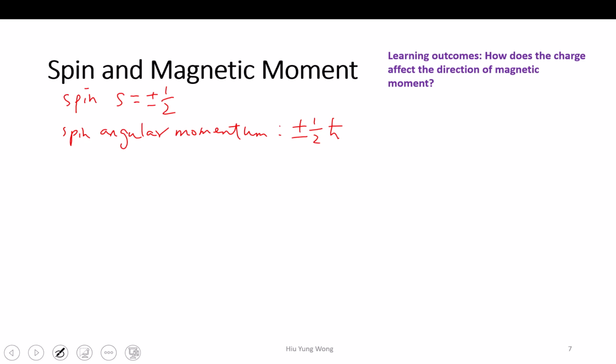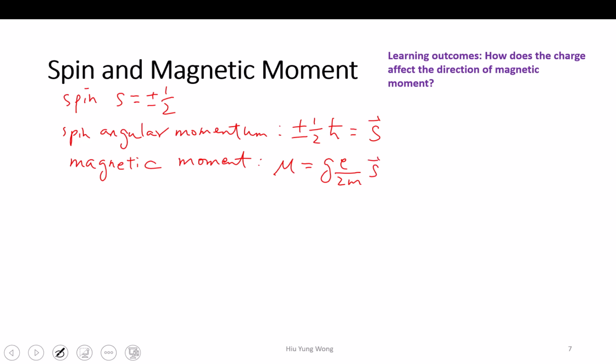Now, if you have an angular momentum, then what happens? Because you have a charge, just from classical physics, you might have forgotten already, I forgot also. If a charge has an angular momentum, you are going to have something called a magnetic moment. And this magnetic moment, mu, equals g e divided by 2m times your angular momentum.